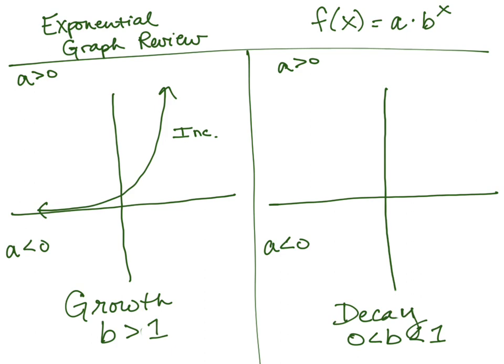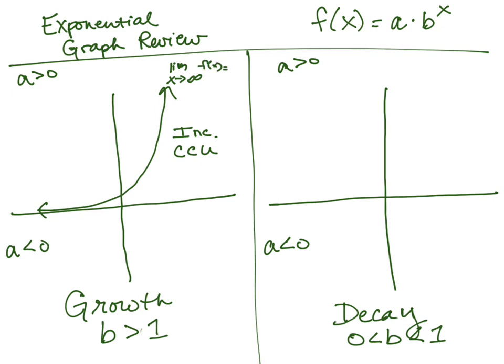What else? Talk to me about its concavity. It's concave up, like a cup. And now let's look at the limits. As x approaches positive infinity, what does f of x do?